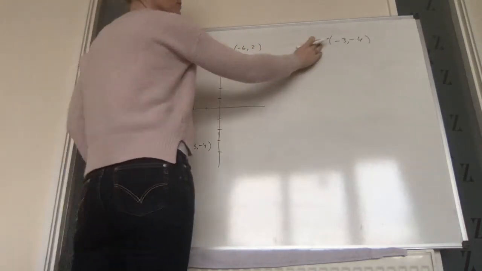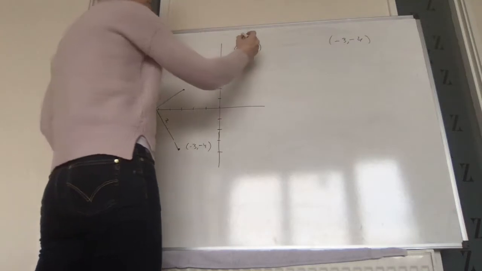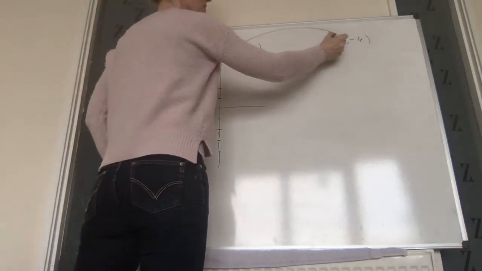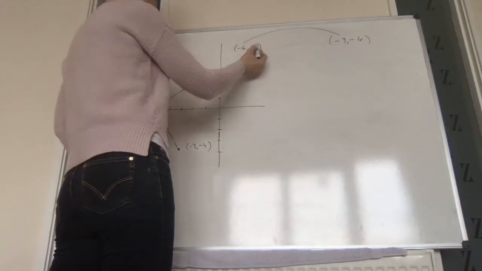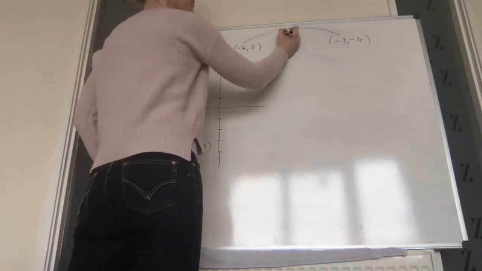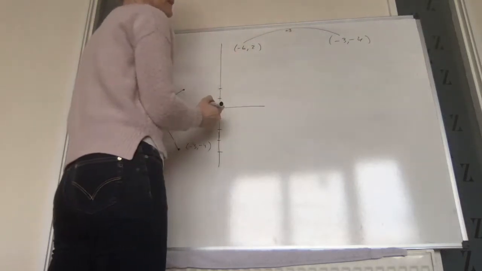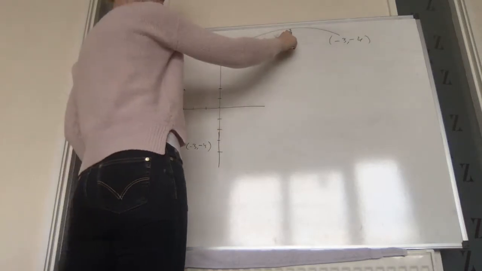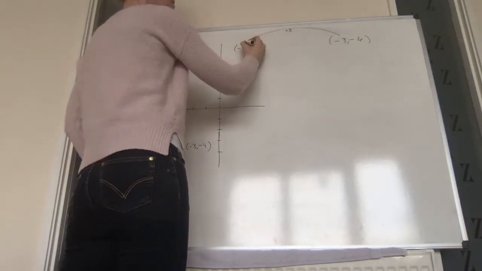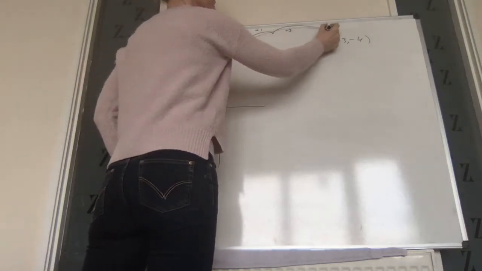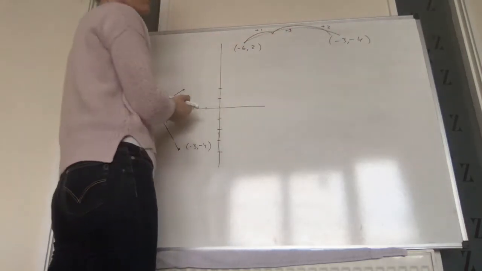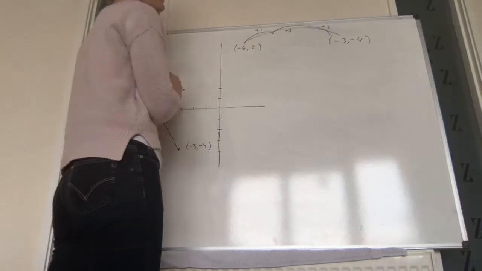I personally prefer to do this without using the formula. To go from -6 to -3, we add 3. Dividing that in the ratio 1 is to 2 gives plus 1, plus 2.